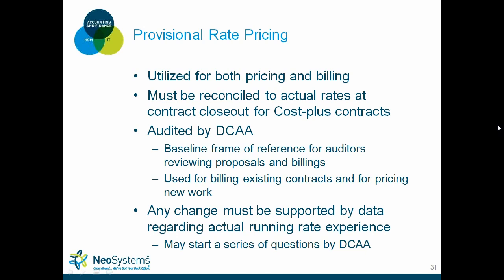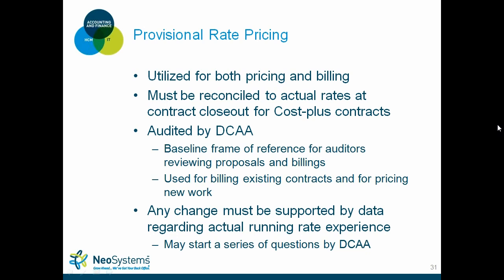You can actually just say, hey, I use provisional rates as a company to give you that edge when you go after an RFP. But DCA uses your provisional rate budget as a frame of reference when the auditors are reviewing either proposals or your billings. And they are used really for billing for your existing contracts and, as mentioned before, pricing new work.